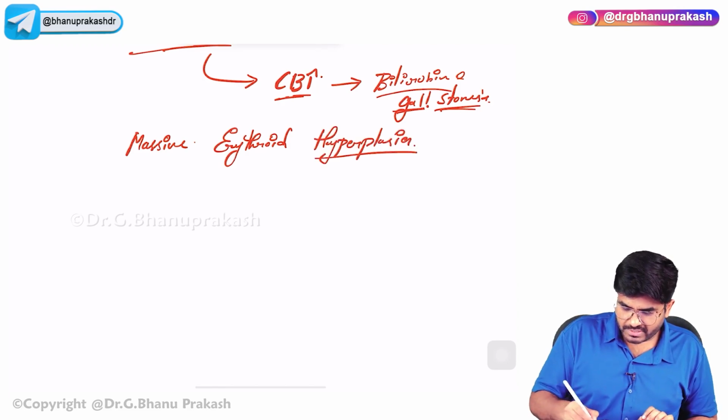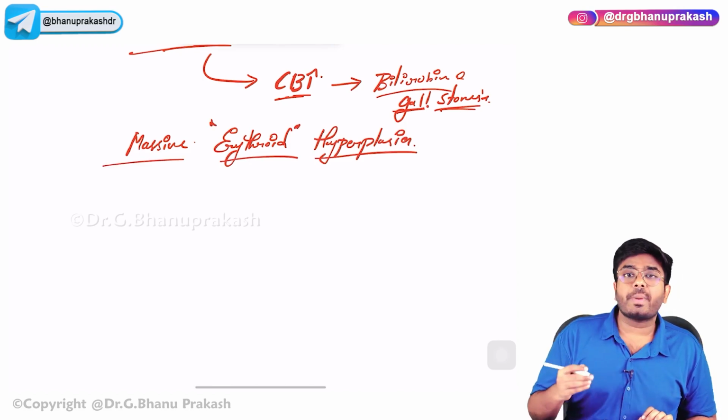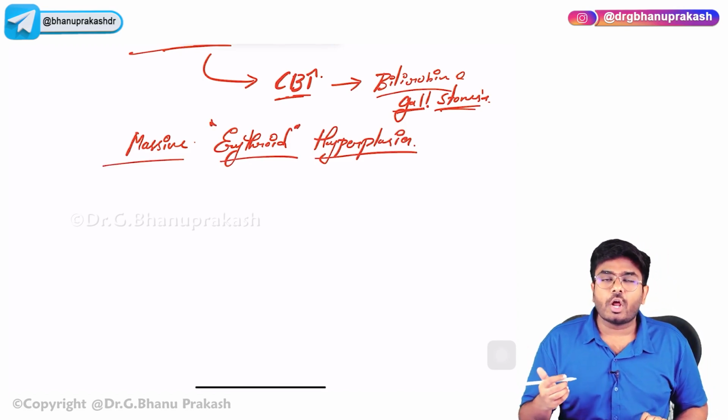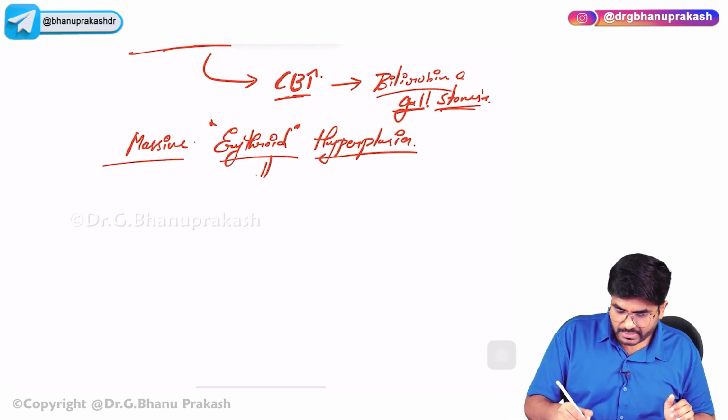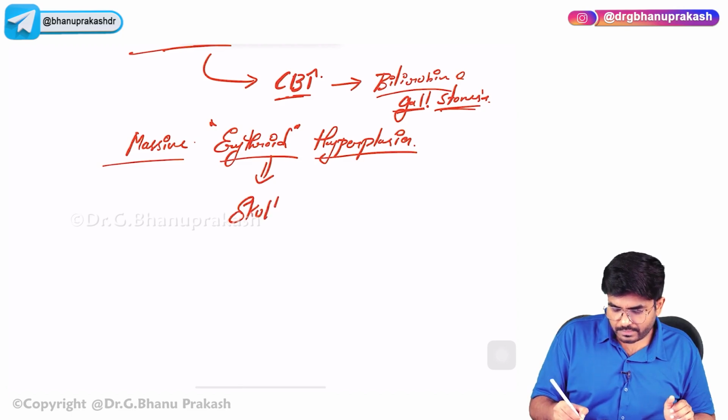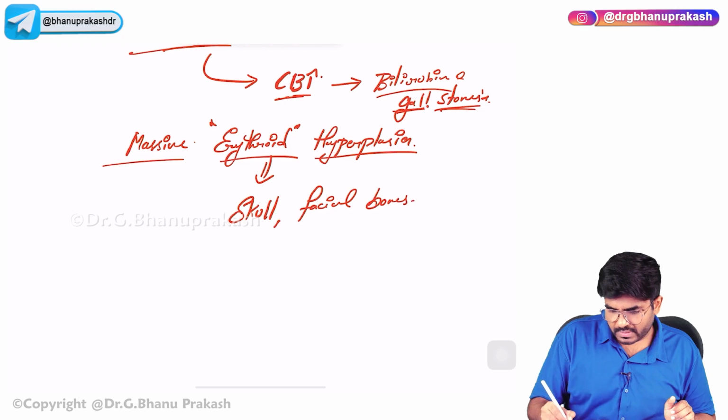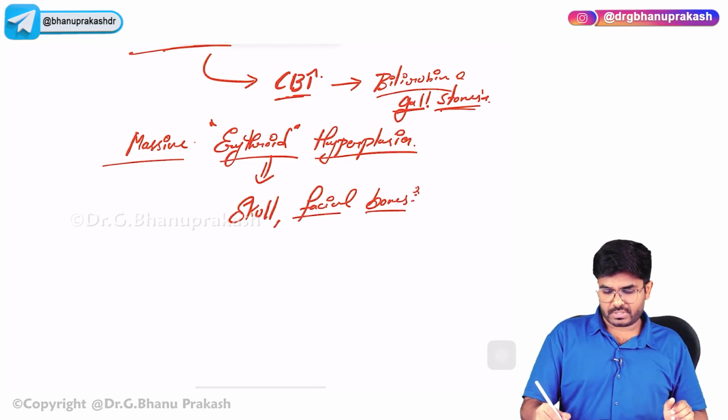Massive erythroid hyperplasia in the sense that now it's not only restricted to the long bones. Now hematopoietic activity is happening in the skull as well as the facial bones.